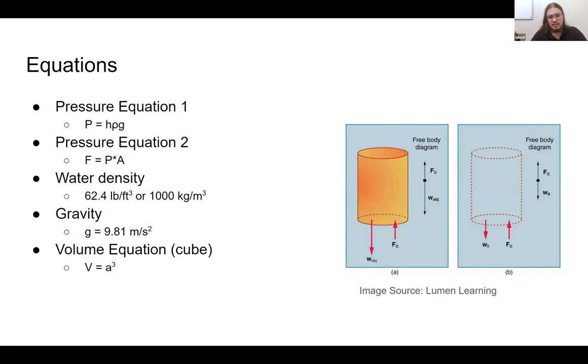The second equation is that the force from a pressure is equal to the pressure times the area that it's applying its pressure on.